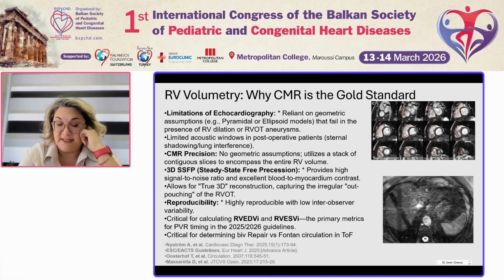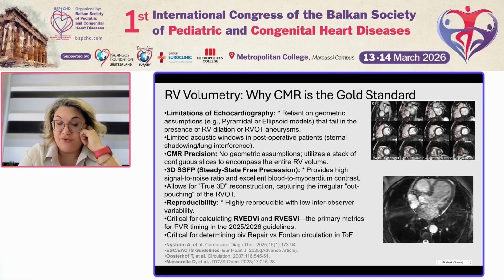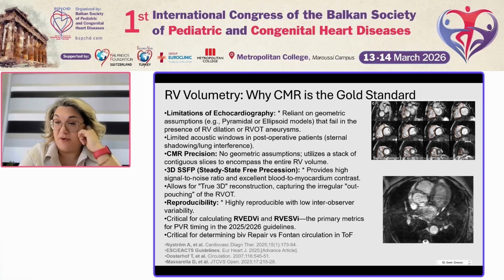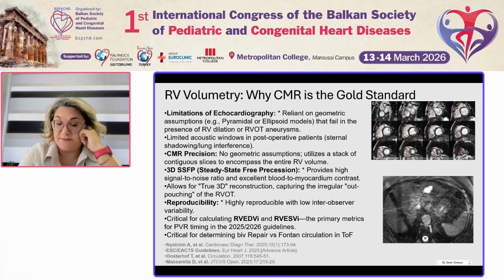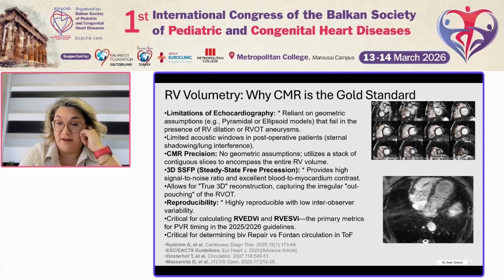CMR has been increasingly used and has a central role in finding the optimal point for reintervention, and new MR techniques have developed, encompassing 4D flow and speckle tracking, that can help provide more accurate, more refined indications for reoperation and interventions.